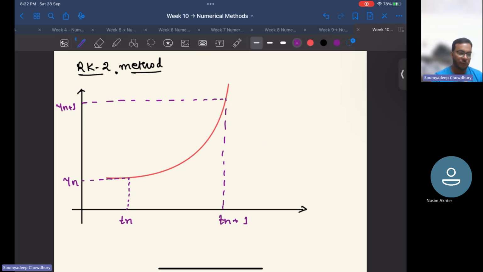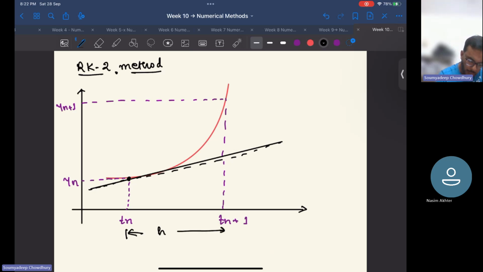Okay. So now in the RK2 method, as I told, we will be dividing into two subintervals, right? First we'll draw the tangent, that is the slope of the curve, here. Suppose this is the point, right? So now this is H. We'll be dividing this into two intervals.